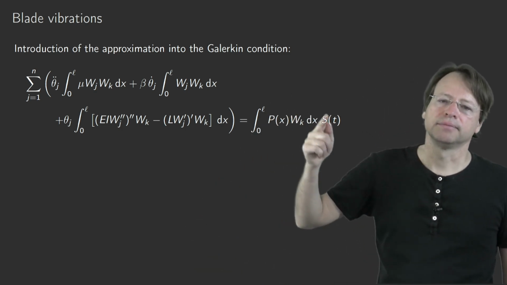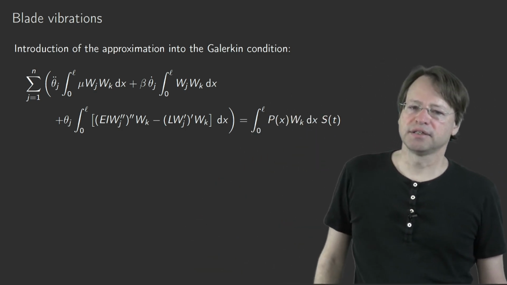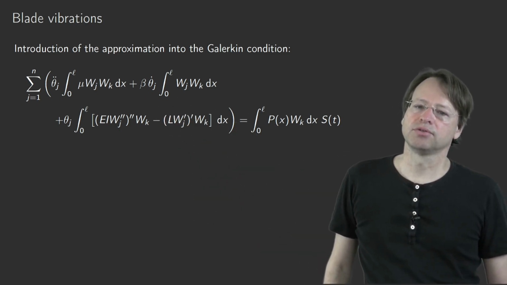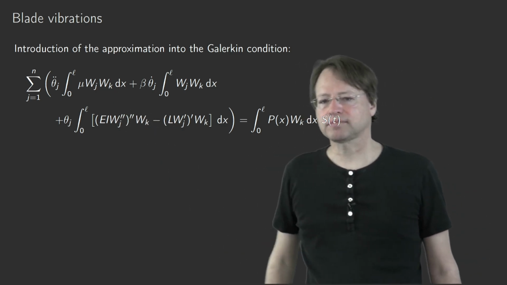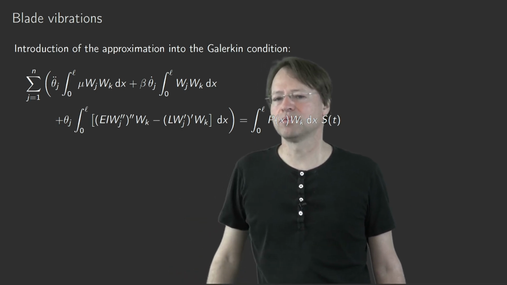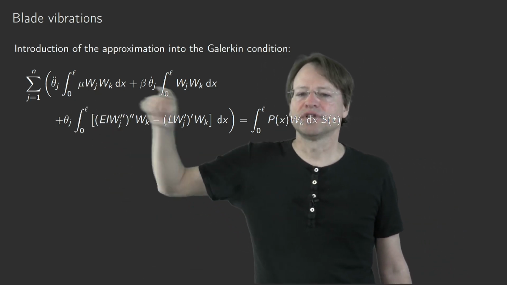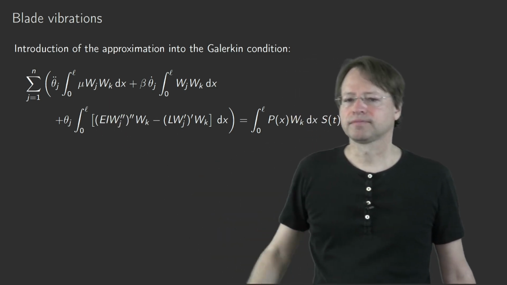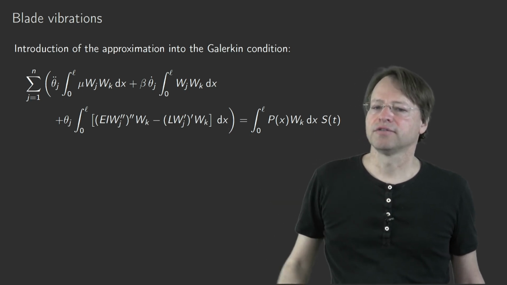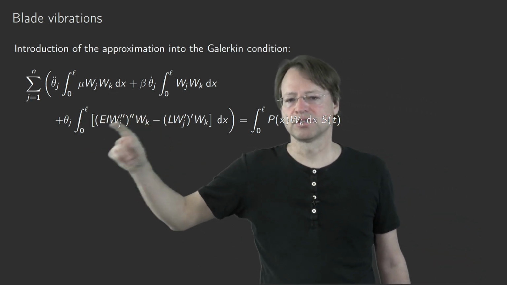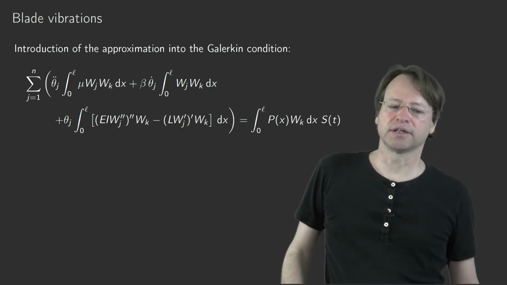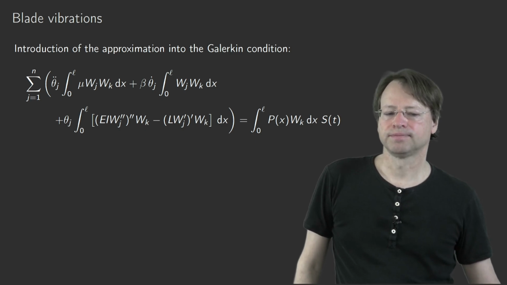We put again the excitation on the right hand side, and we insert for the approximate solution the expansion here, which is a sum running from 1 to n. The second derivative with respect to time, mu, first derivative with respect to time, and here we have the bending stiffness contribution and the contribution from the centrifugal force or the reaction force L of x.